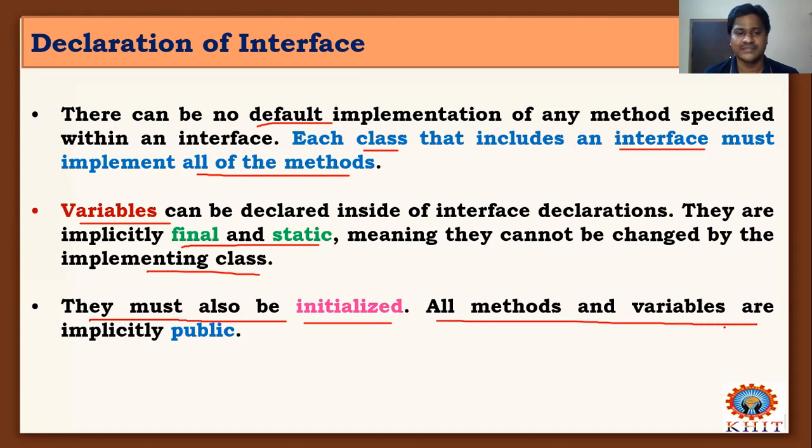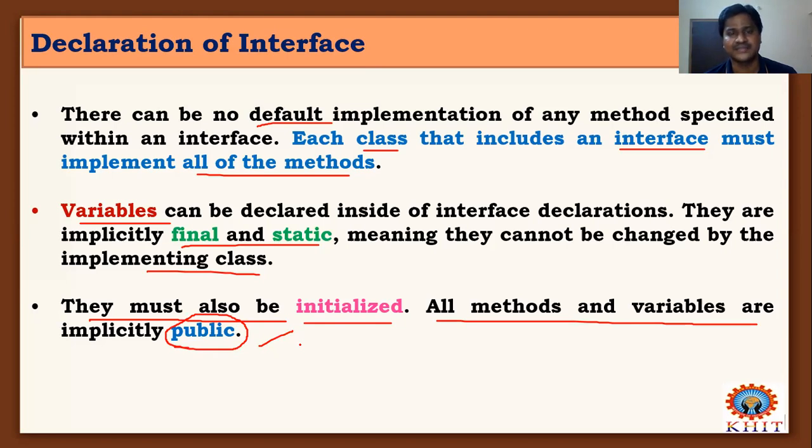And all methods and variables are implicitly public. And this one is very, very important, a key point. Any method defined in the interface should be implemented inside the class which implements the interface, right?